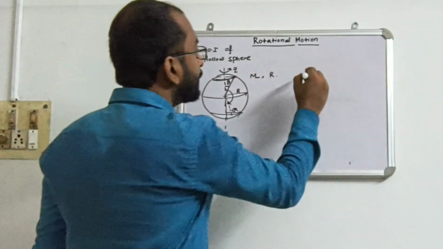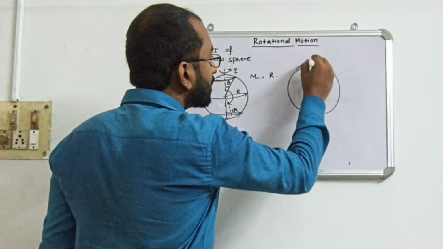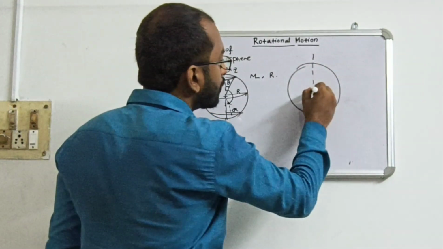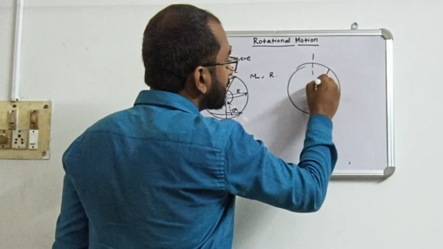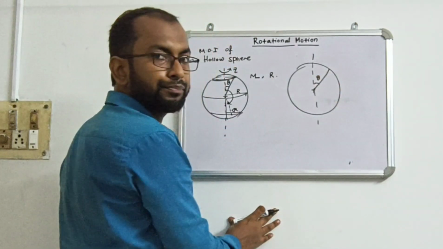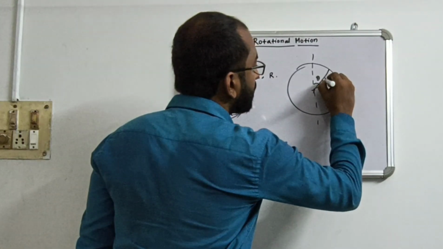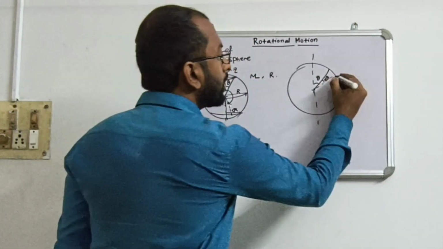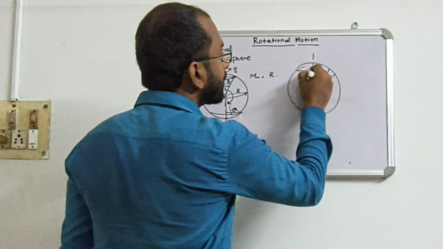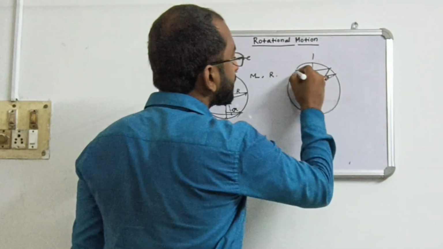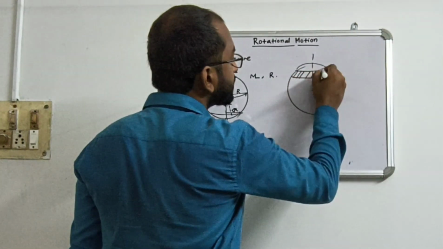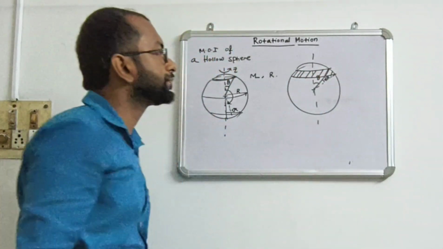So for a general ring, if we consider one at angle theta and d theta, this will constitute one ring like this, because it is a hollow sphere. This ring will be considered.